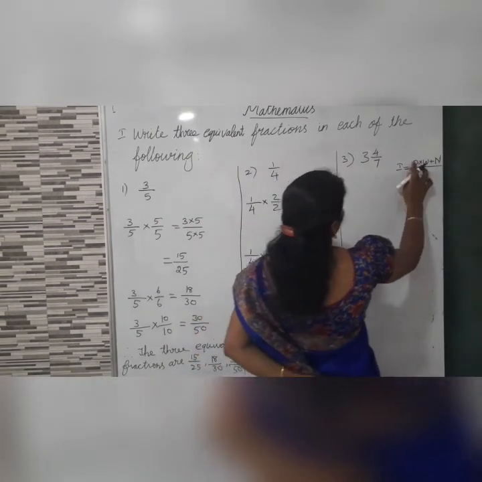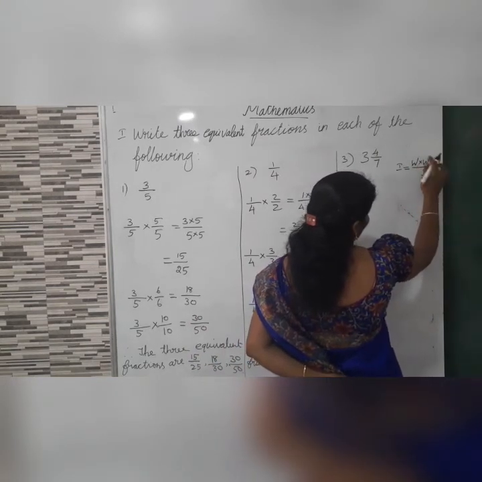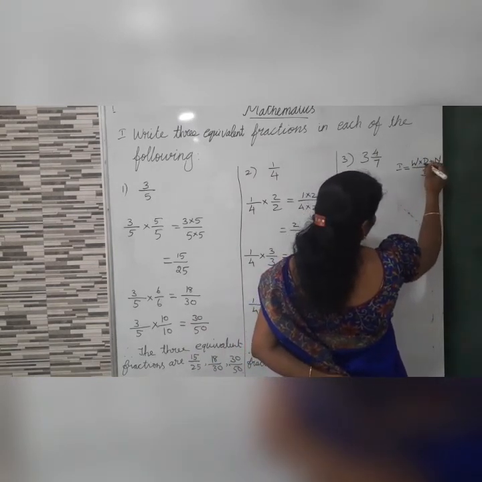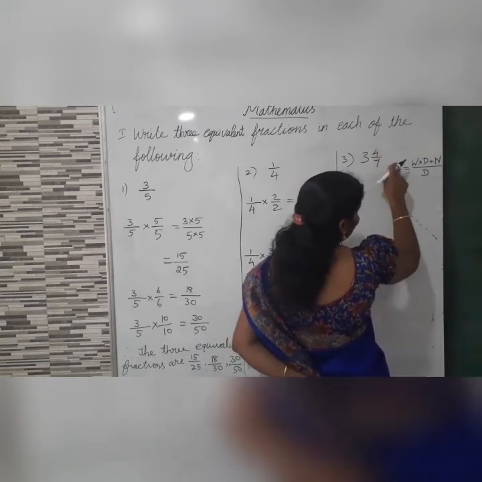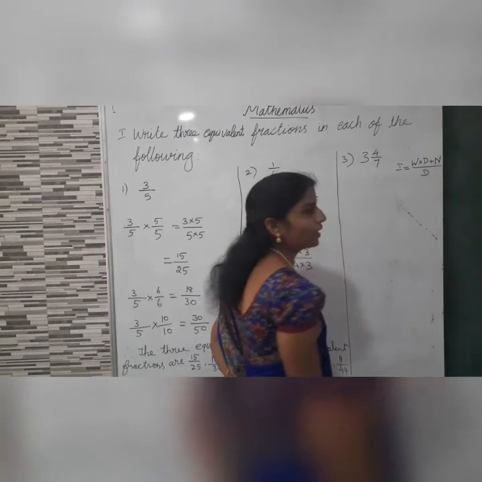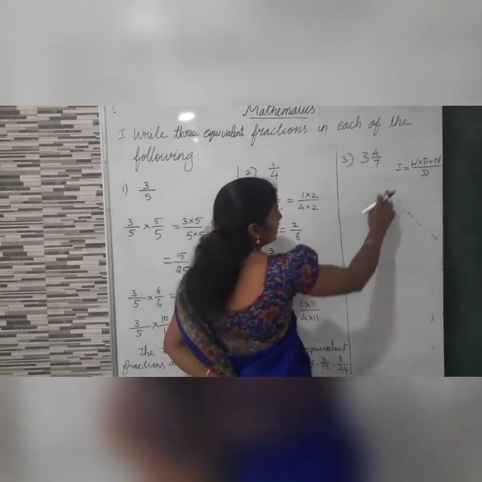Otherwise, we can write whole into denominator, that is also correct. Whole into denominator plus numerator divided by denominator. Are you clear?